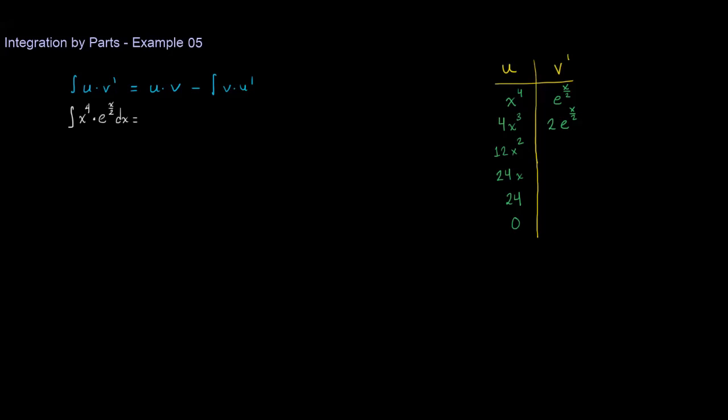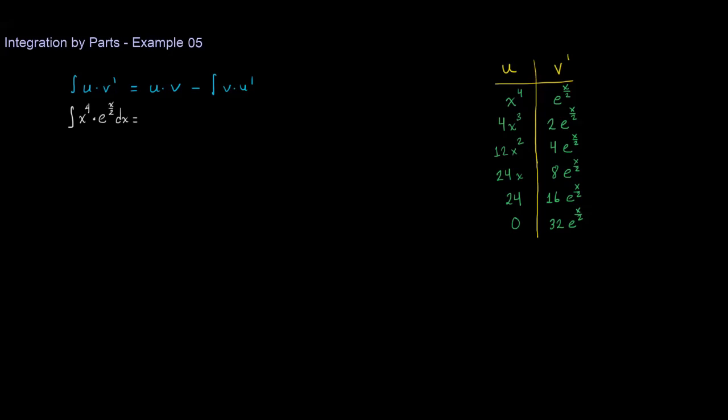Now the second will be 4 times e to the x over 2. The third will be 8 times e to the x over 2. Then 16 e to the x over 2. Then 32 times e to the x over 2. And then you stop once you reach the level where the 0 is located.